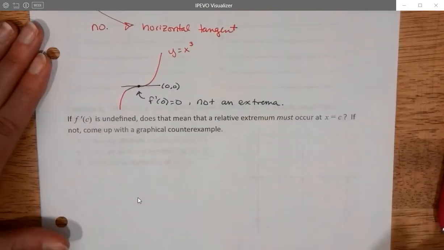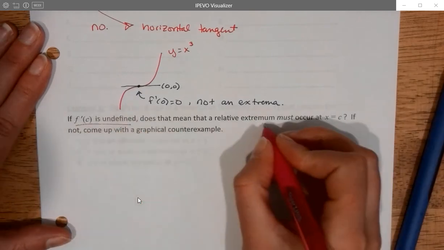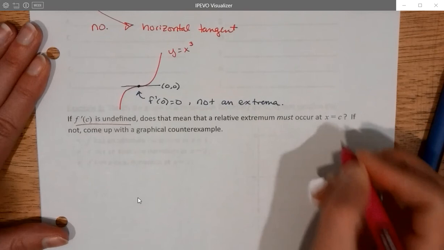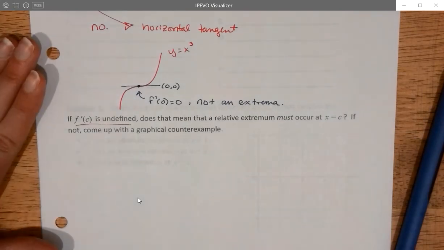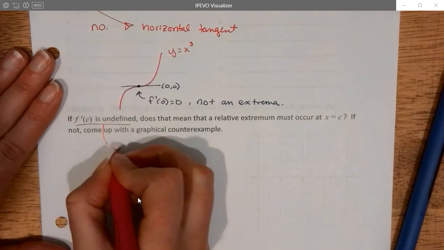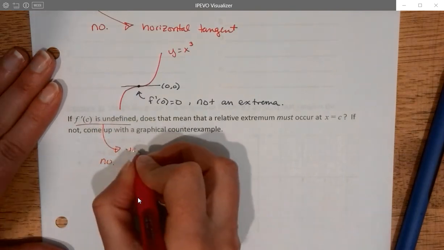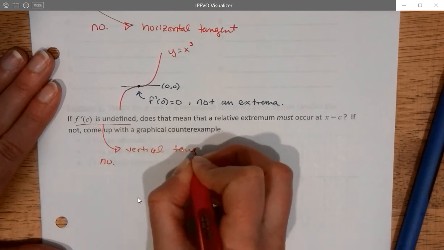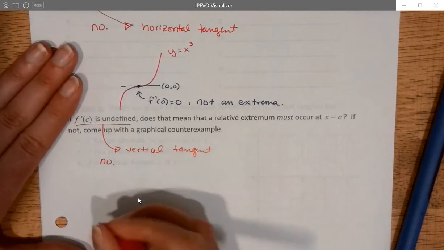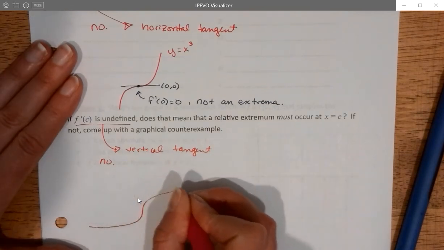Third, if the derivative is undefined, does that mean that a relative extrema must occur? Again, they're candidates, but that doesn't guarantee their existence. So if it's undefined, it's going to be a no again. That means that I had a vertical tangent. And I could draw a graph that has a vertical tangent that does not have an extrema.